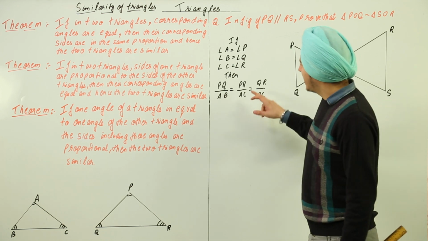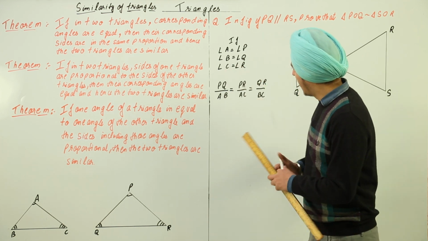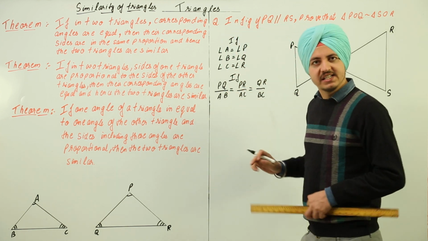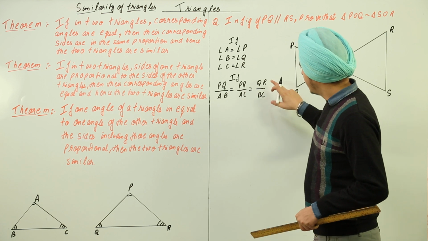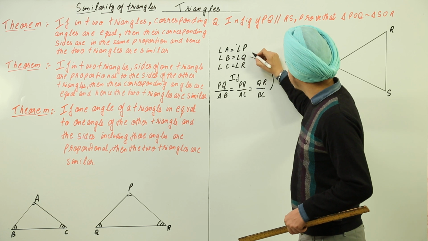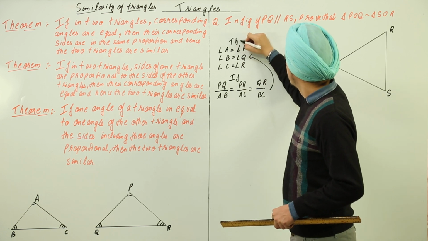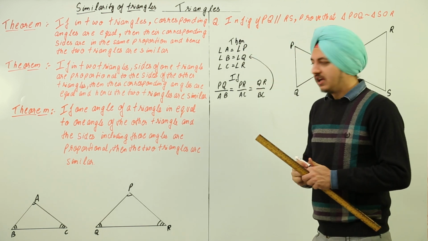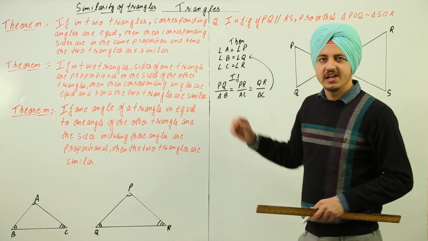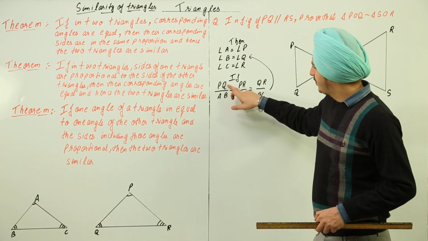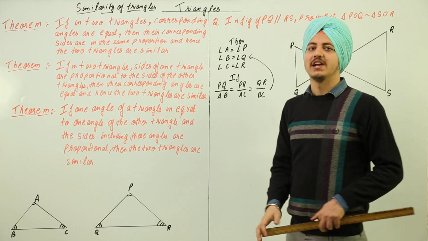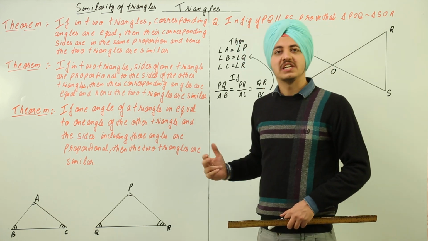It says that if PQ upon AB is equal to PR upon AC is equal to QR upon BC, then this is true. If the corresponding sides are in the same proportion, then the corresponding angles are equal and hence the triangles are similar. This is the second theorem.